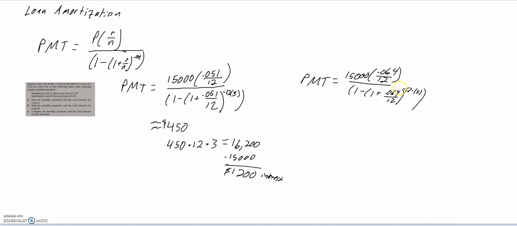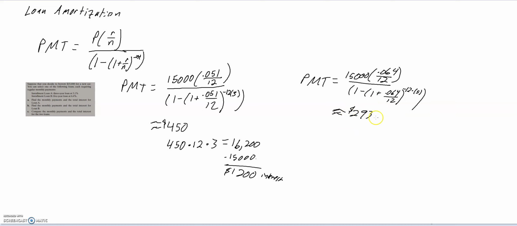Because there are 5 years over which this is taking place. Okay. So now I go and I plug this in, and I find that this is approximately $293. Okay.